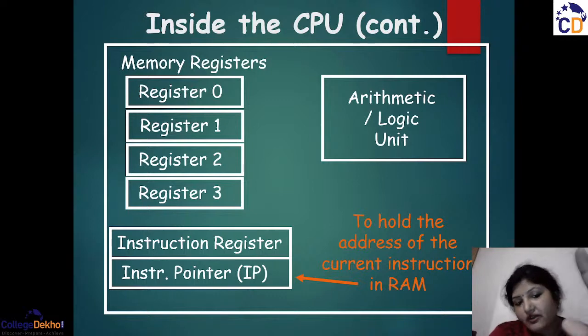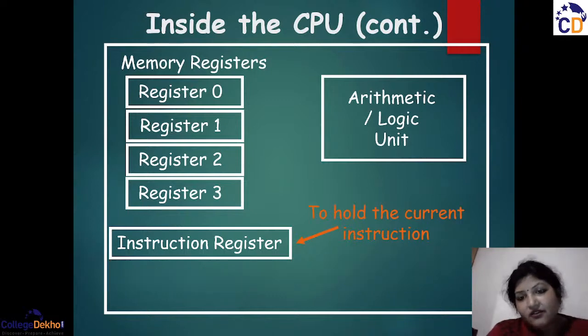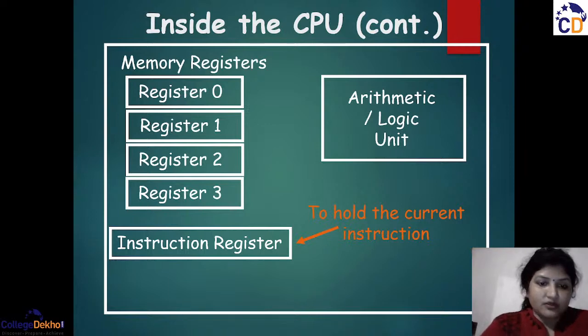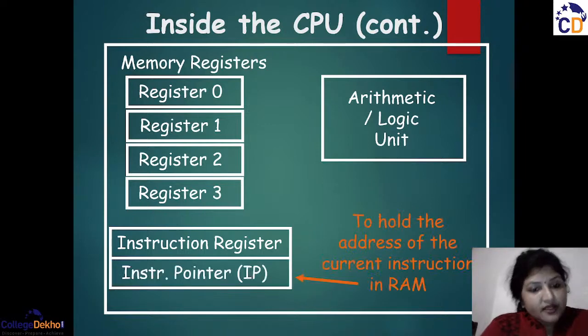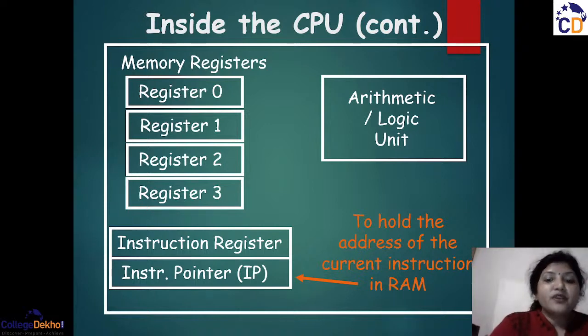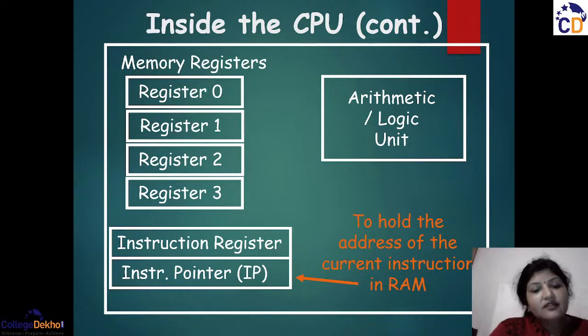First, to hold the current instruction to be executed, right? Second, to hold the address of that current instruction. The instruction register basically holds the current instruction to be executed, whereas the instruction pointer holds the address of the current instruction in RAM, right?